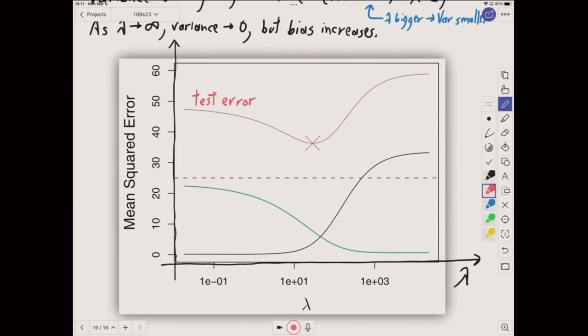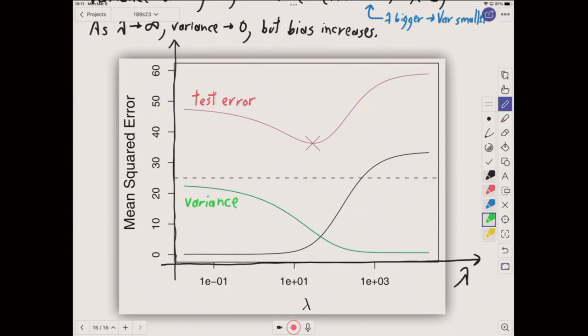And so we see this characteristic curve where when you go too far to the left, you're overfitting. When you go too far to the right, you're underfitting. And the way that we can explain this now is if we use synthetic data so we know what the variance and the bias is, we can actually plot them.